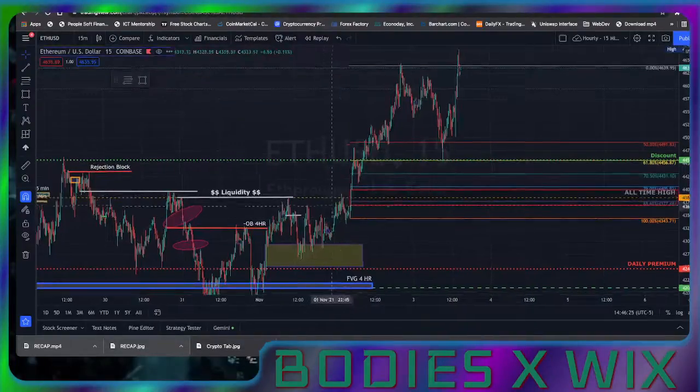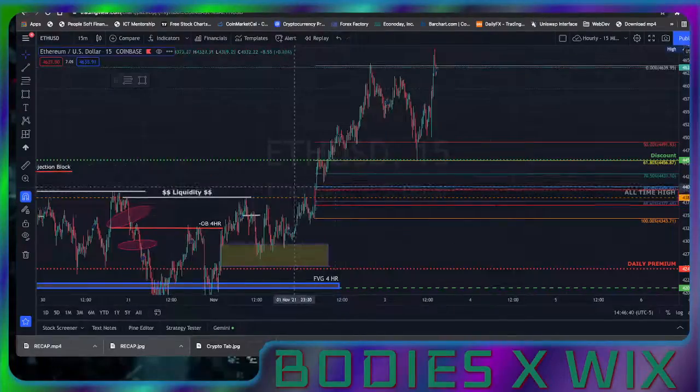We have this high and then this low, and then boom, we ran that high. So the last low just before running up the liquidity above this high right here.